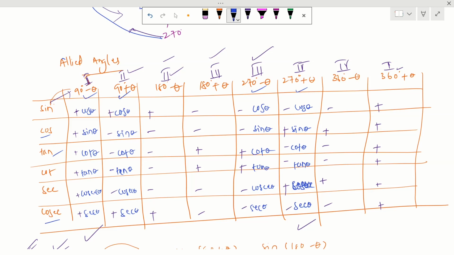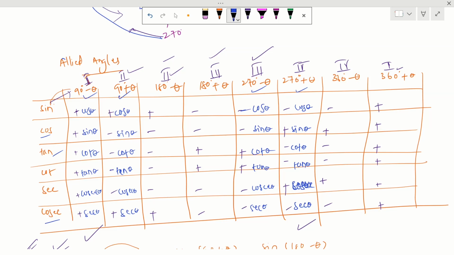Okay, you understood these values. Now this is minus cos theta, right? Only the converting value we have to write. Here, understand: sine of 90 minus theta is cos theta. Sine of 90 plus theta is plus cos theta, and cos of 90 minus theta is plus sine theta, and cos of 90 plus theta is minus sine theta.